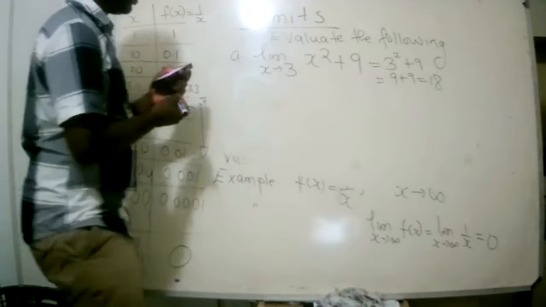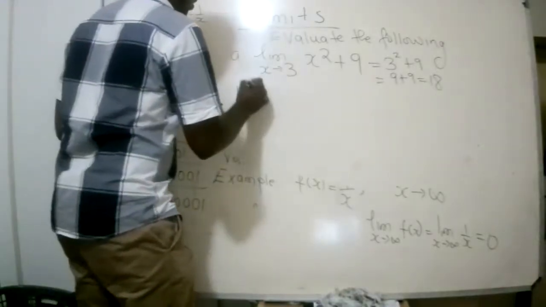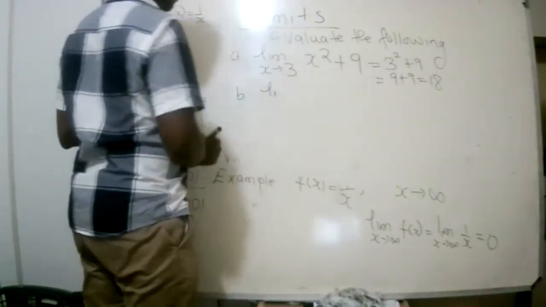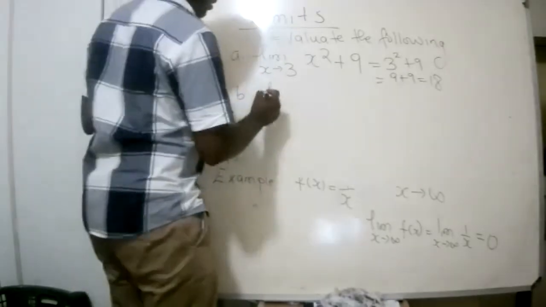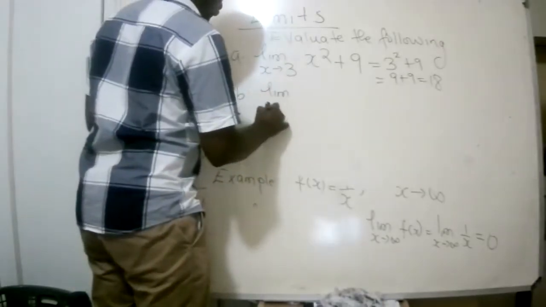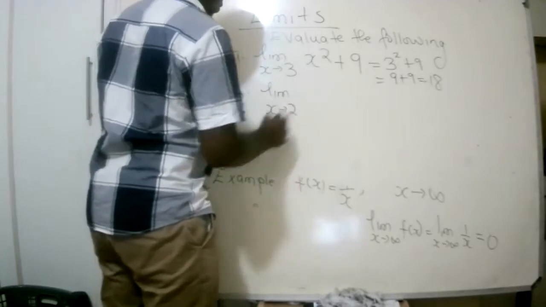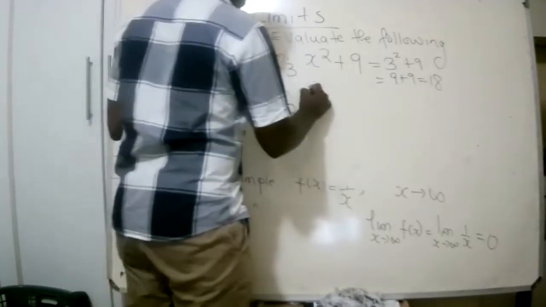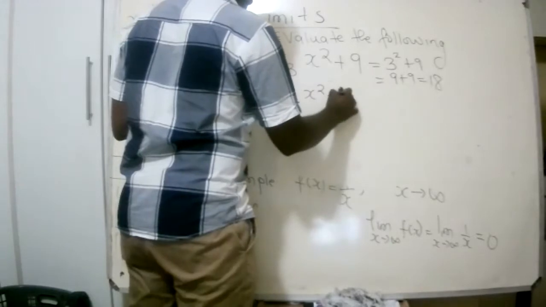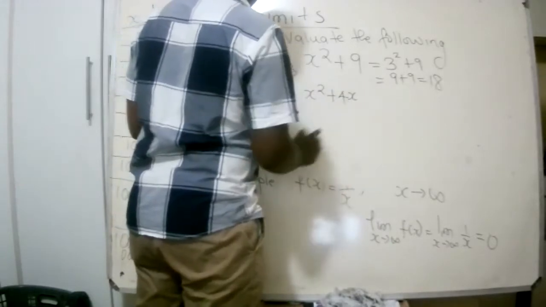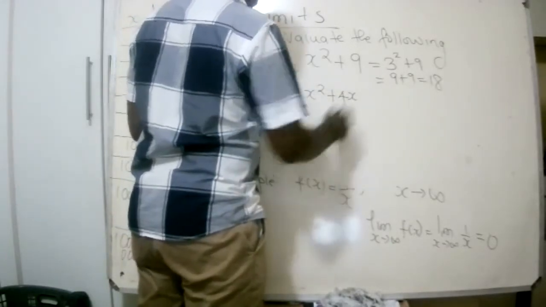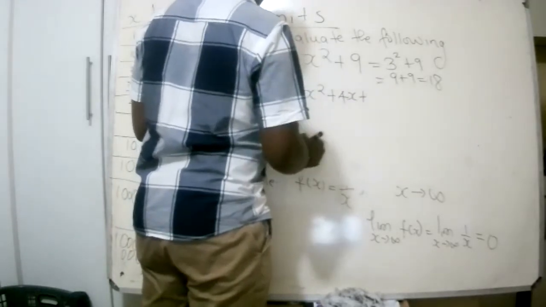All right, so this is the question. It's question number B. So we want to evaluate the limit when x approaching 2 of x squared plus 4x plus 4.